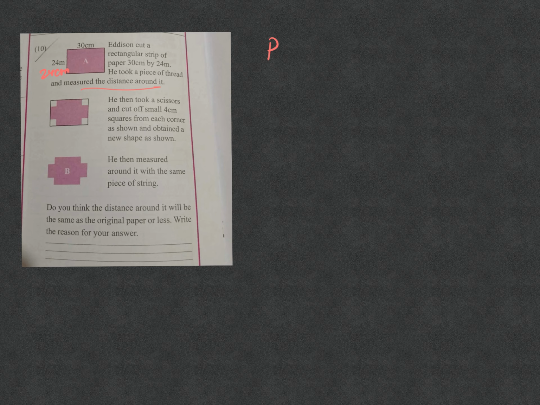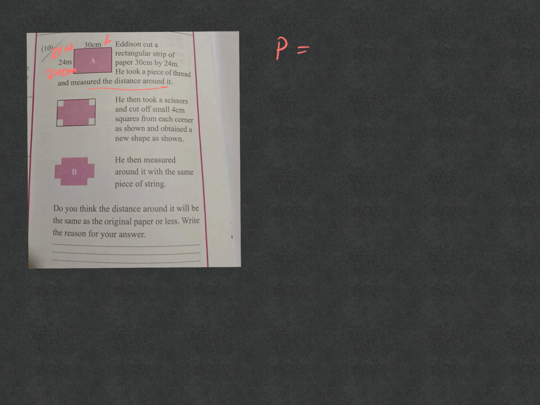The long side of a rectangle is called the length, so 30 centimeters will be the length. The short side, 24, will be the breadth or the width. So because we have 2 lengths and 2 widths, perimeter is equal to 2 multiplied by length plus breadth, or length plus breadth multiplied by 2. Either way, you'll get the same information.